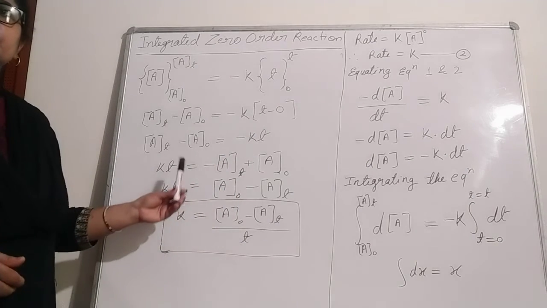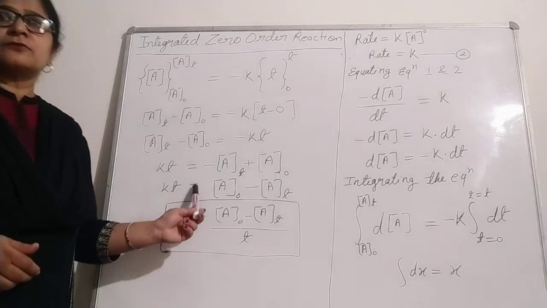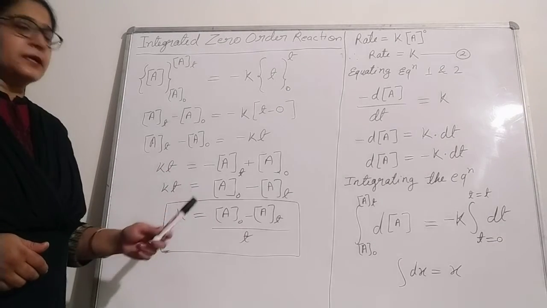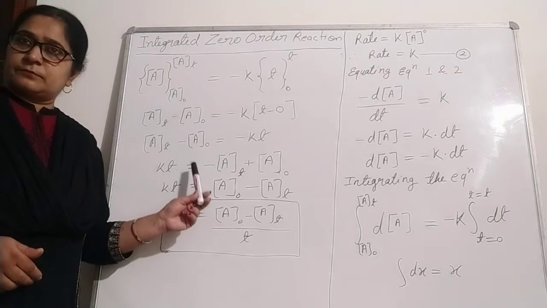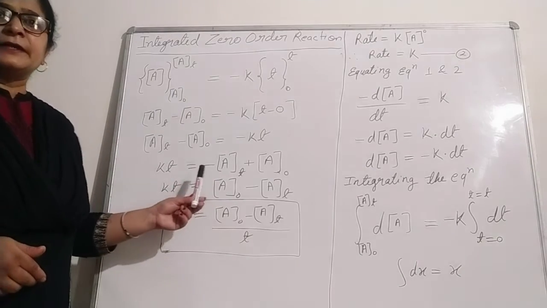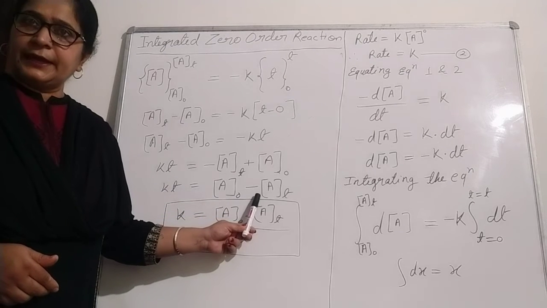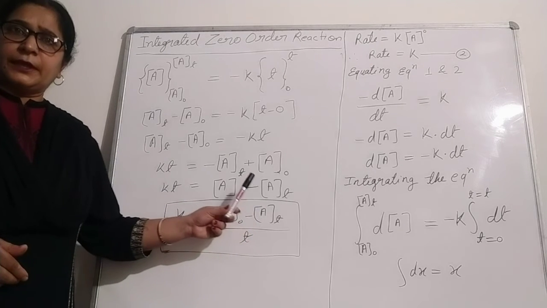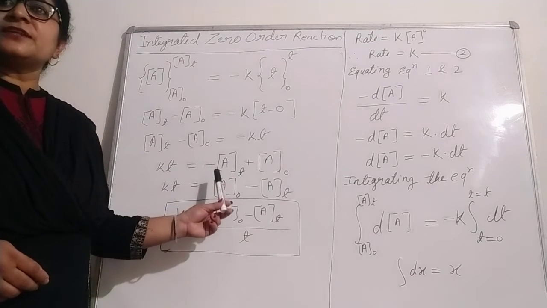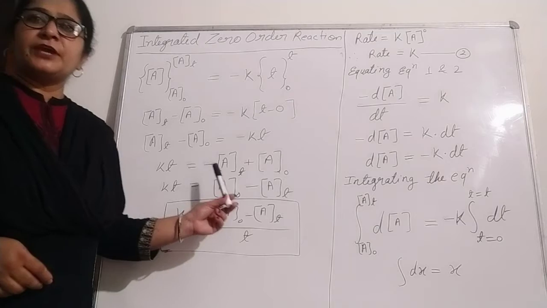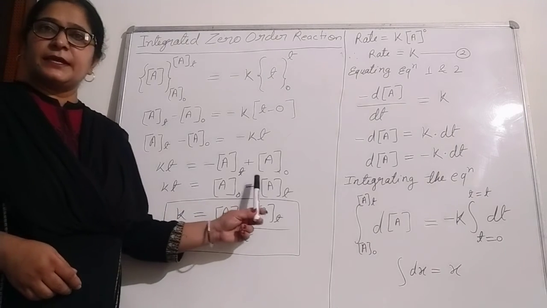Now we are going to relate this with the rate constant. By arranging the above equation, we have got Kt is equal to A naught minus At.